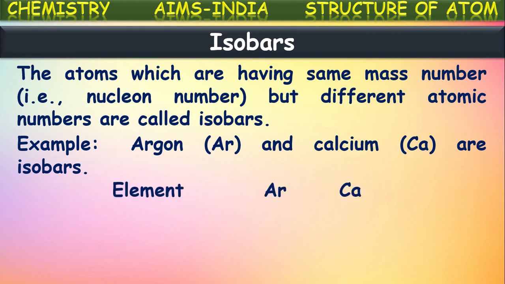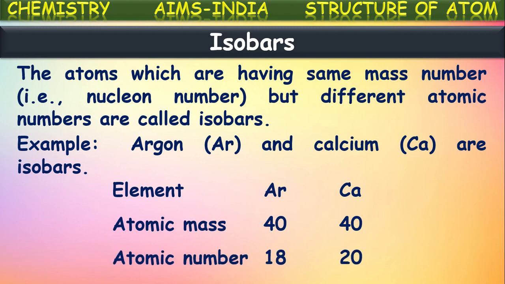Their atomic masses are 40 for each, whereas atomic numbers are 18 and 20 for argon and calcium. This is due to the difference in their number of neutrons. Argon has 22 neutrons, whereas calcium has 20 neutrons. So the number of protons is 18 here and 20 here, but the sum of the protons and neutrons is 40 for each.